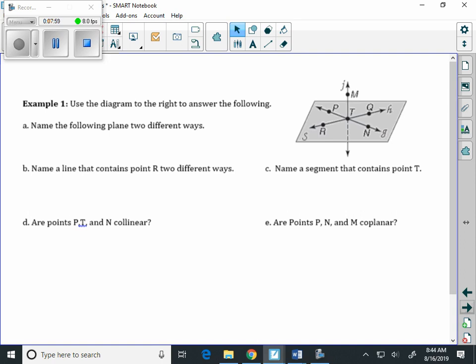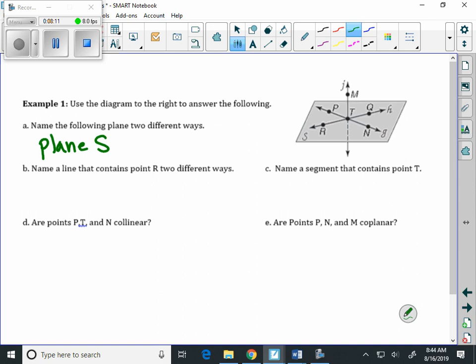The first thing I notice in particular is that there's kind of this italics S in the corner. So the first thing that I think is that this is plane S. That's one of the ways. Another way to name the plane, remember, is that we can name it with 3 points.